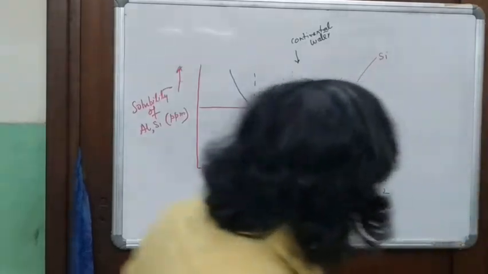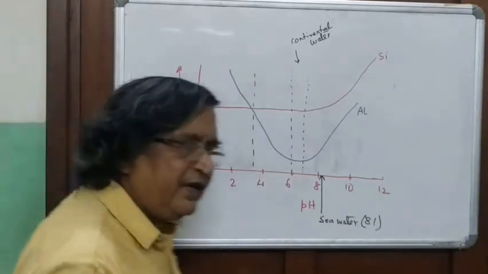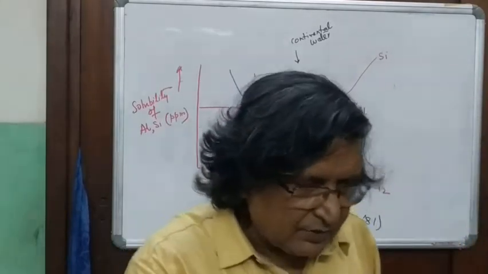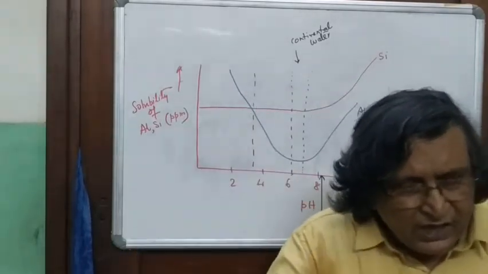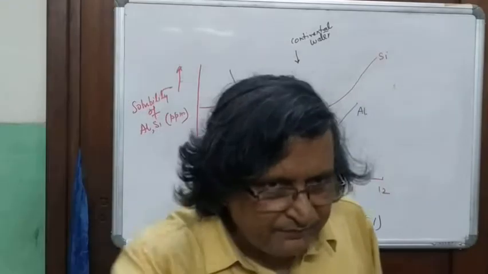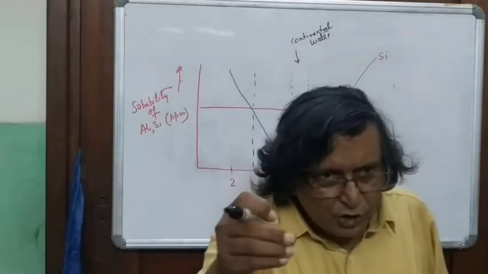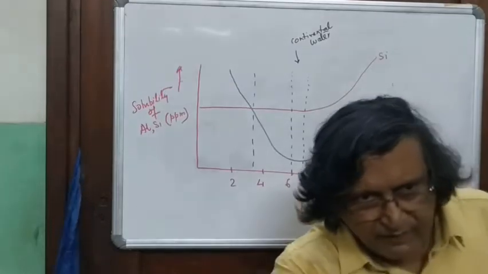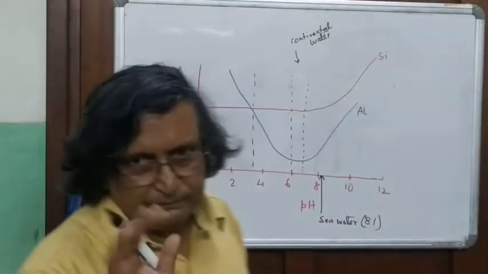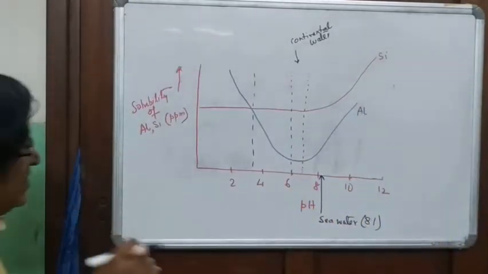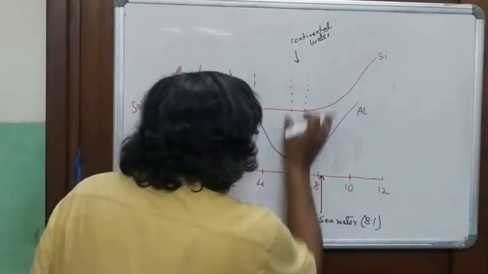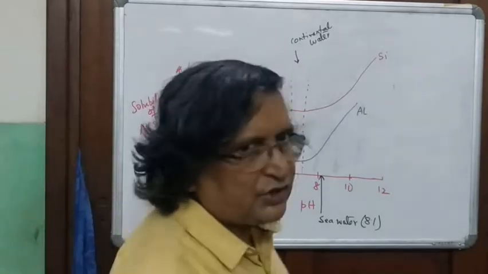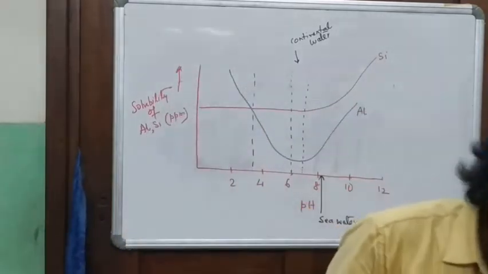So in this range, both silicon and aluminium have low solubility. That means it is difficult to dissolve or break down minerals with silicon-aluminium frameworks. That's the first point. But in the range of most waters, aluminium has a much lower solubility than silicon.